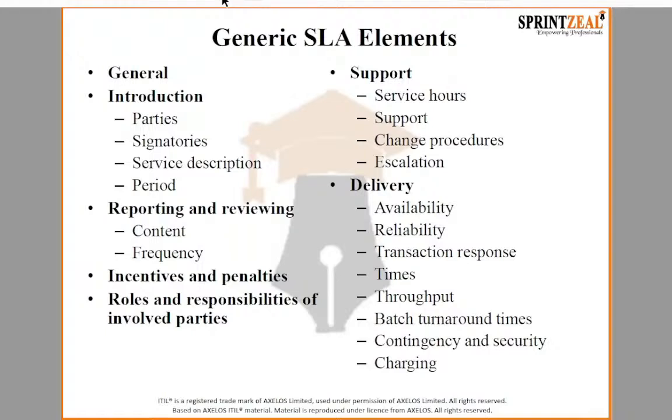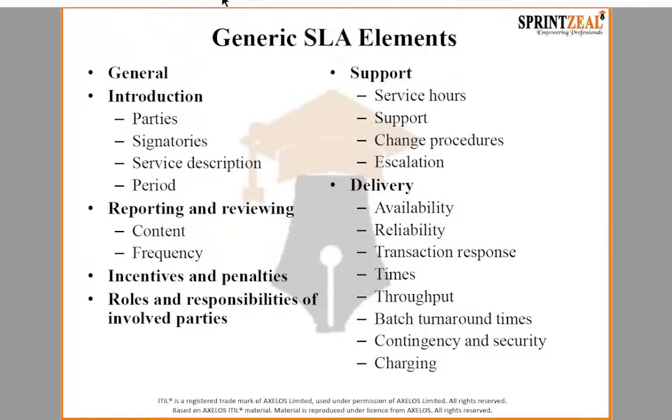The parties, all of the resources, who has the authority, signatories, the service description, and the period for that SLA. Reporting and reviewing, what type of content will be included in the review and report, the frequency. Sometimes it goes so specific to outline the format that the information will be provided.